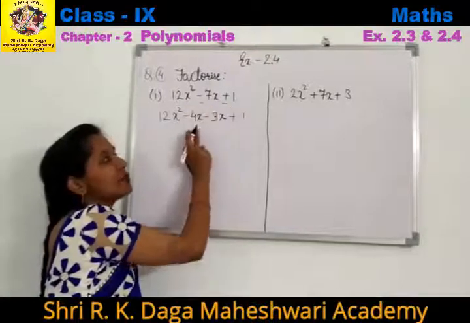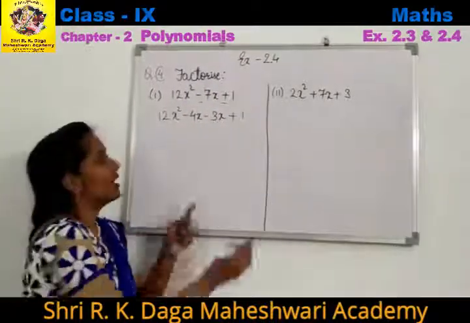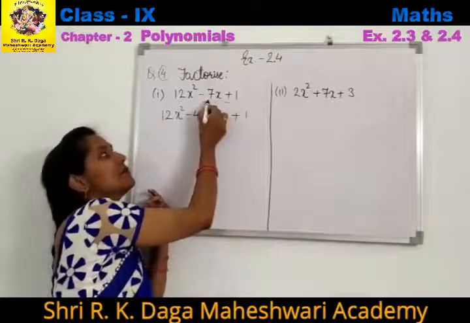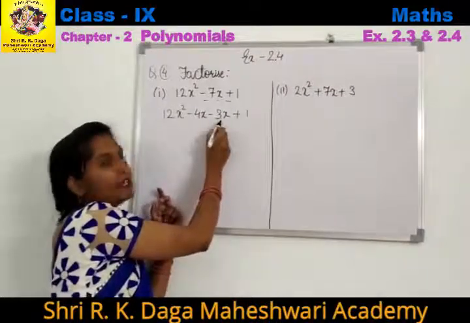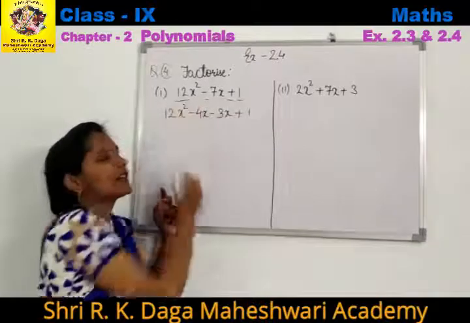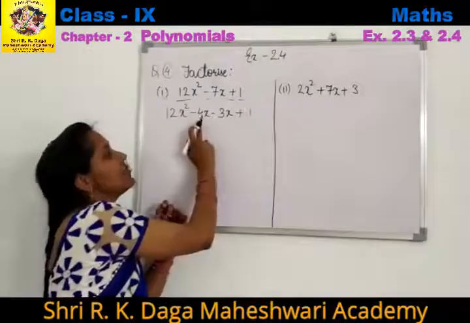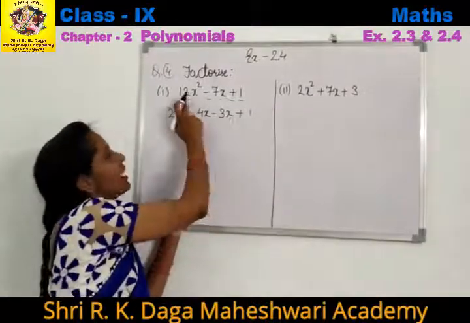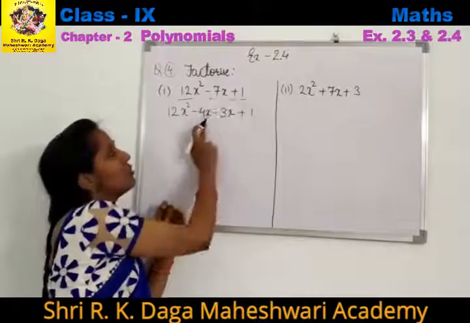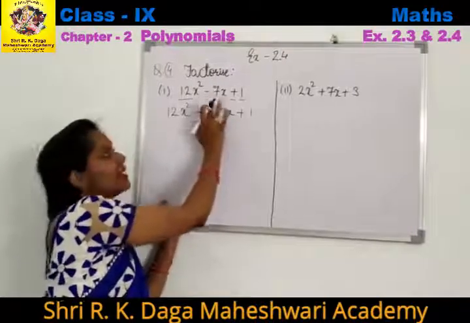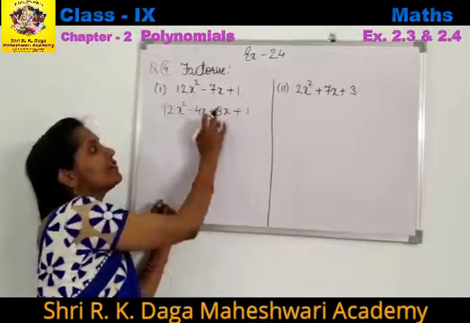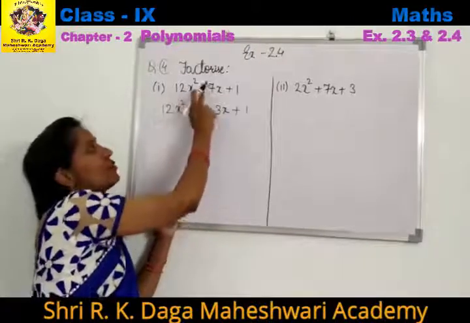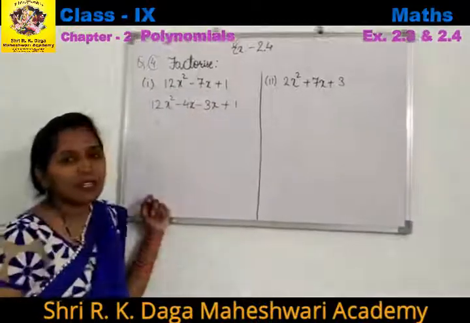We have split this middle term in such a way that we get their sum as 7x and the product of these two is equal to this product. See, 4 threes are 12 and 12 ones are 12. 4 plus 3 is 7, and when we add two negative numbers, we get a minus sign. So we have split this middle term.